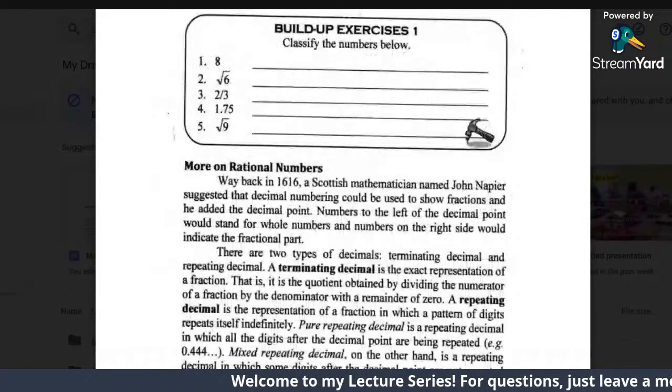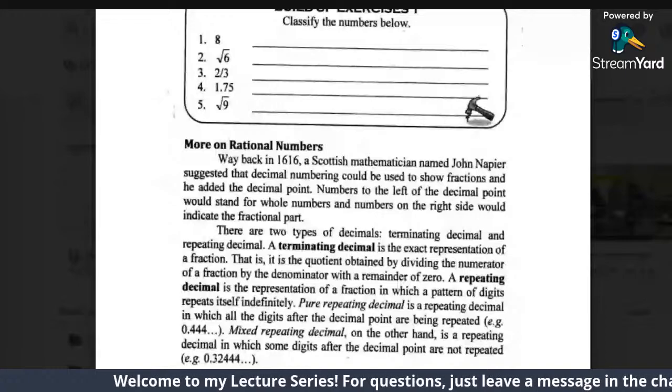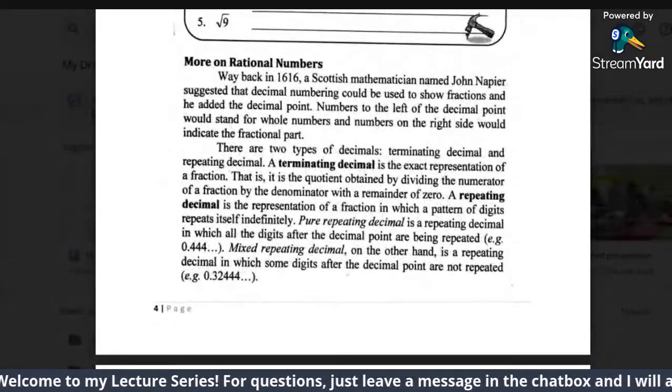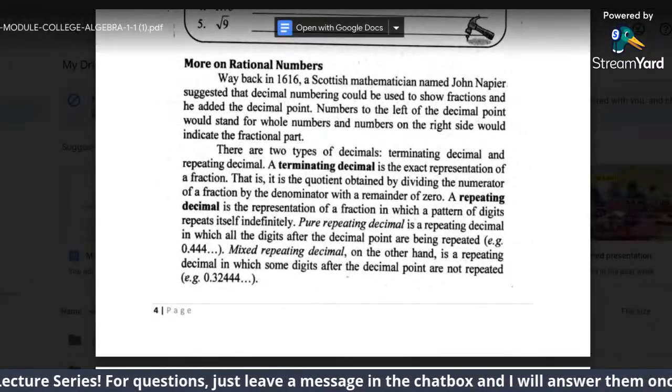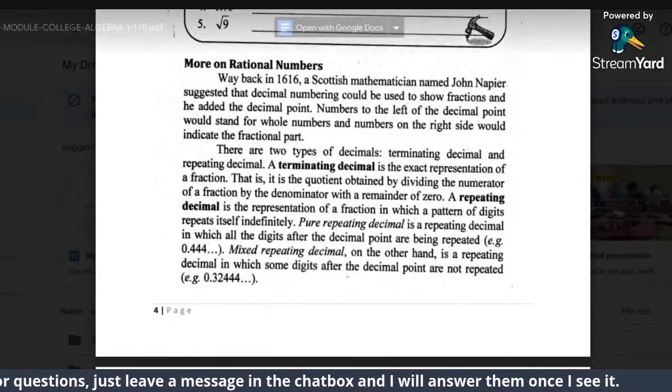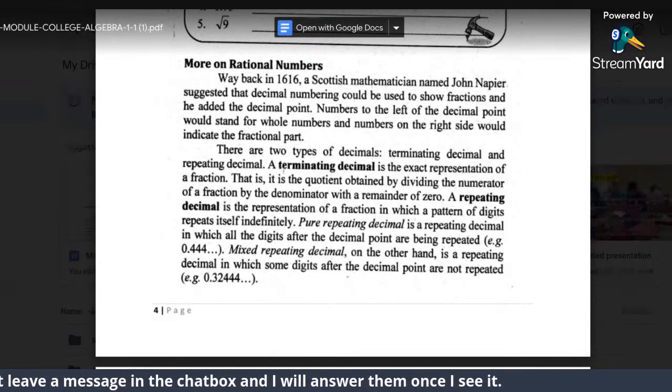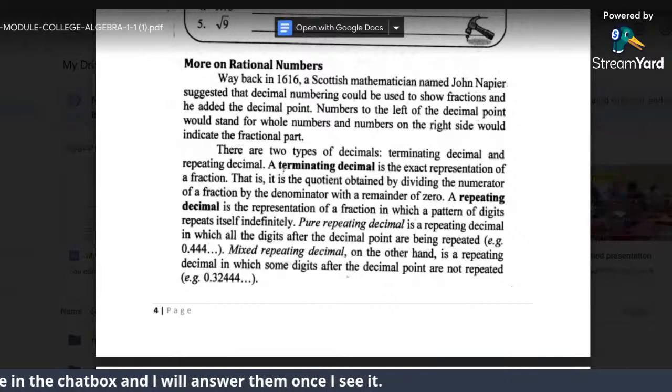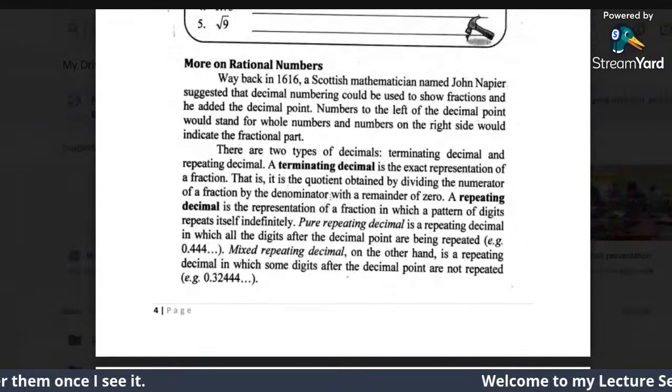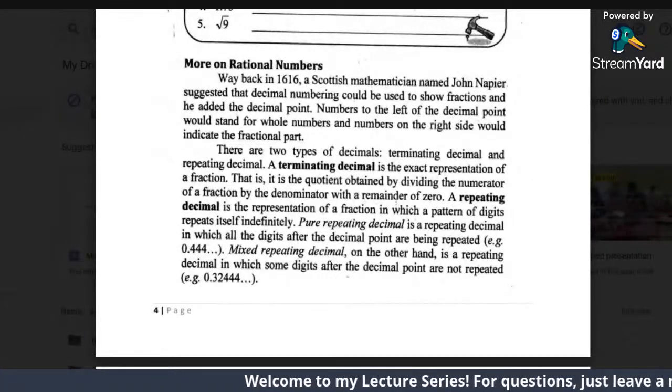Okay. So I think ito yung binanggit ko kanina, no? So we can have here, it says here, there are two types of decimals, terminating decimal and repeating decimal. A terminating decimal is the exact representation of a fraction. That is, it is the quotient obtained by dividing the numerator of the fraction by the denominator with a remainder of 0.